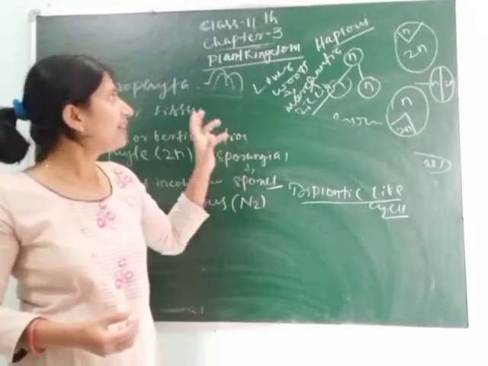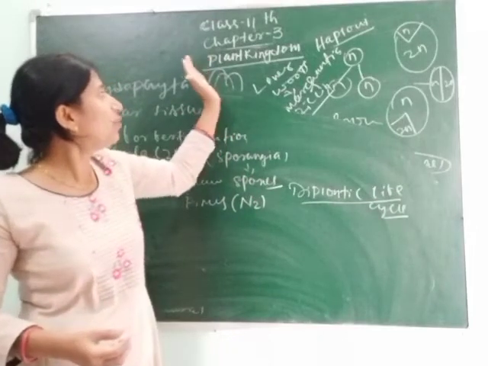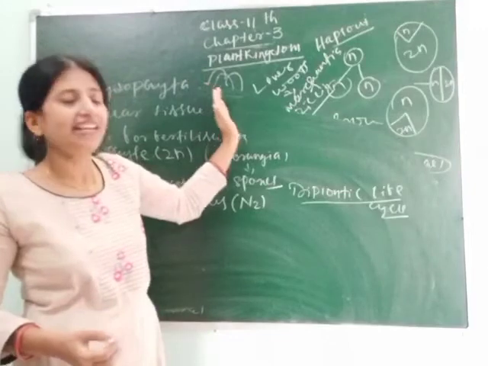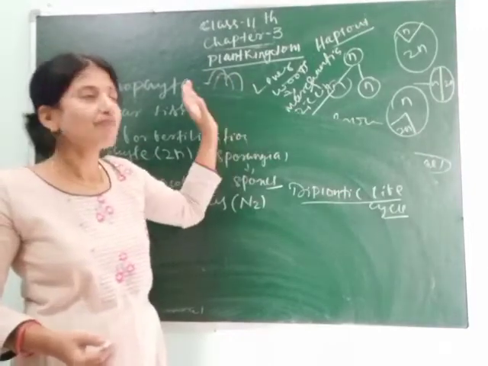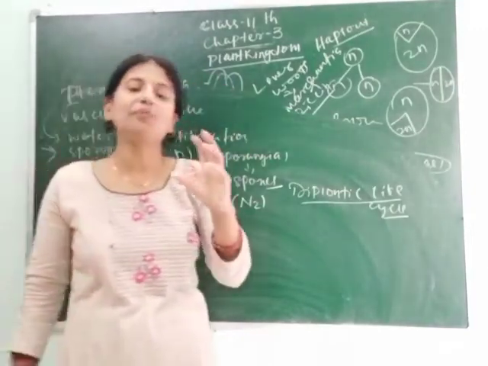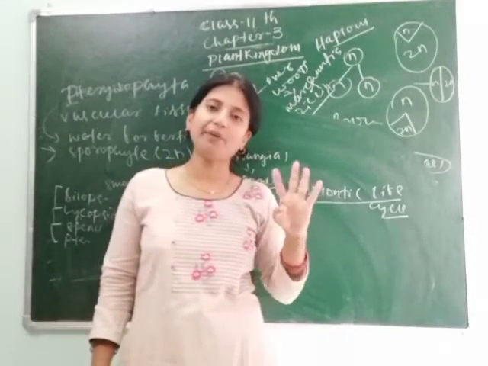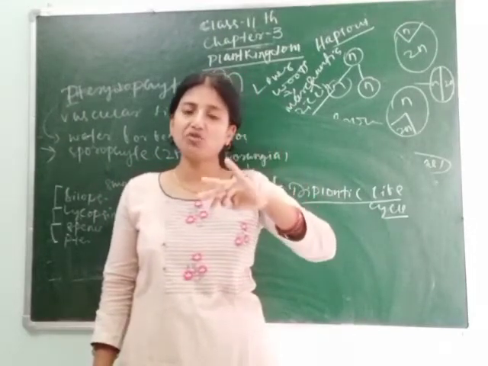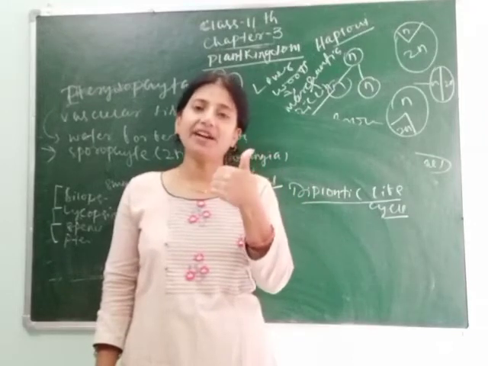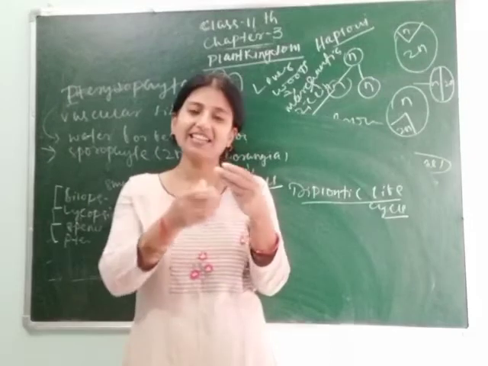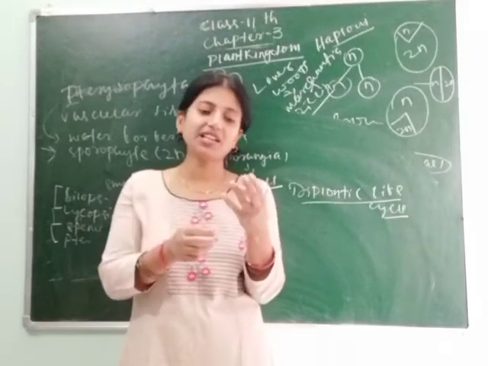That's why we can quickly know about the species of the plant kingdom and how they are divided or differentiated into many categories. So simply you have to remember, plant kingdom is divided into 5 divisions: Thallophyta, Bryophyta, Pteridophyta, Gymnosperm, Angiosperm. Again, Thallophyta is divided into 3 types: Chlorophyceae, Phaeophyceae, Rhodophyceae, and their characters you have to read from your NCERT book.